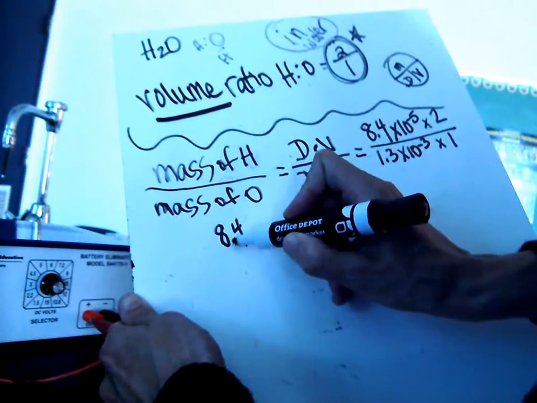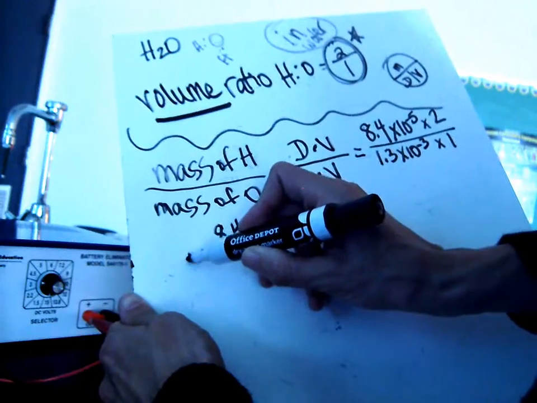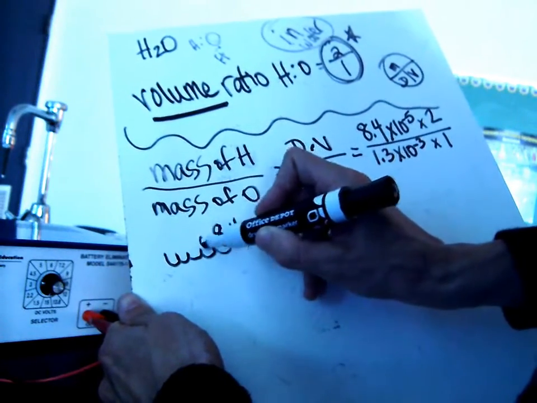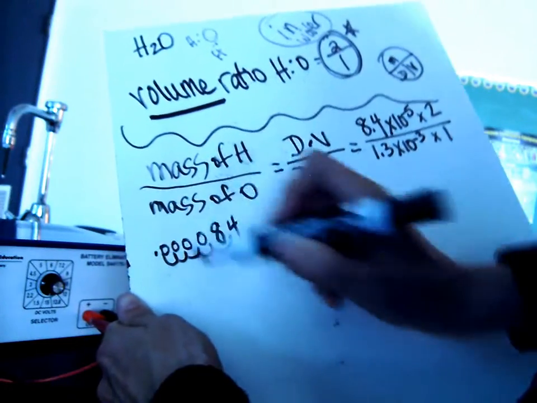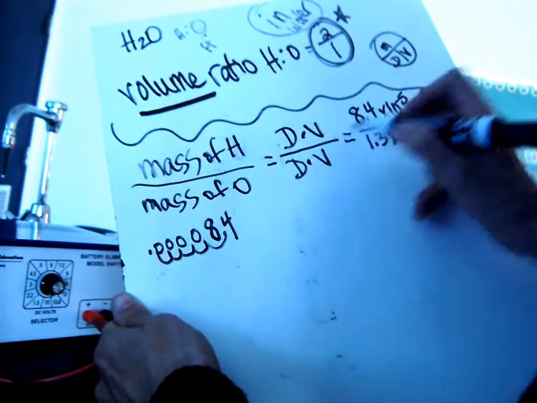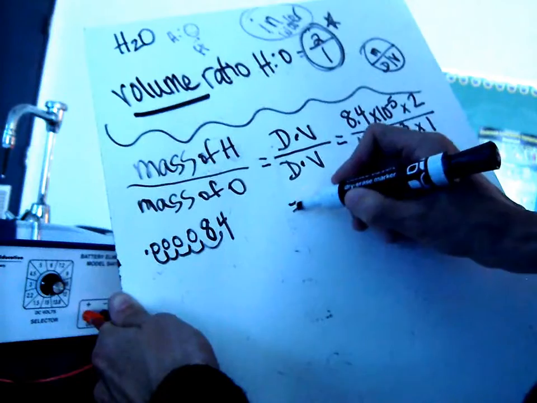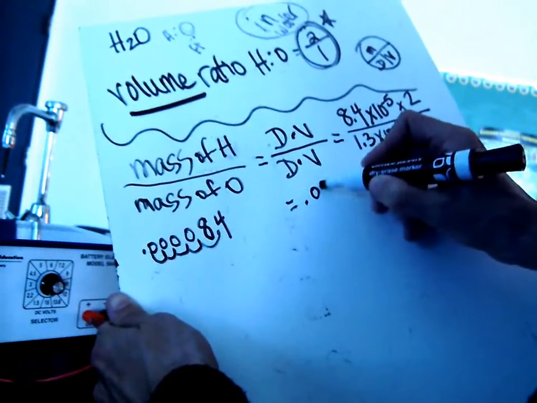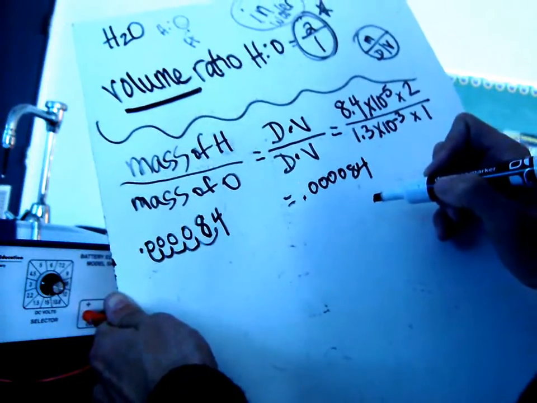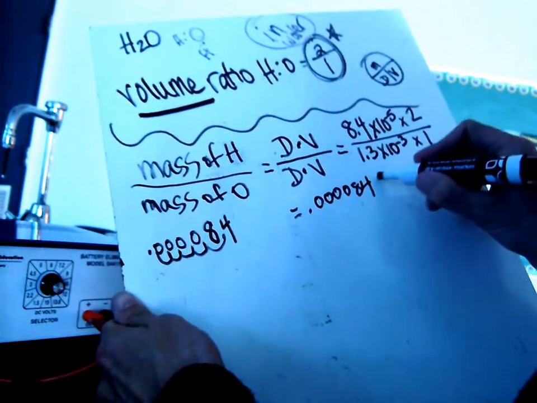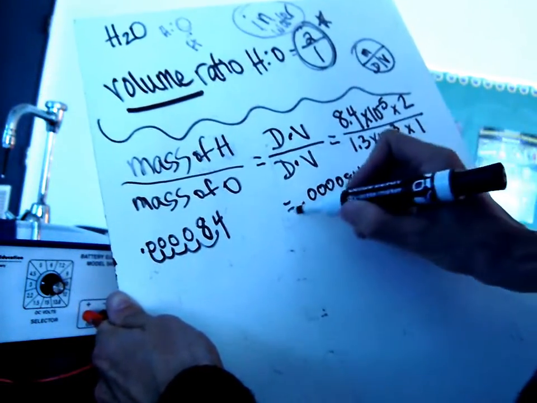So we do this. Ready? 1, 2, 3, 4, 5. And all those little places right there are where zeros go. And the decimal goes here. So this number here is equal to 0.0000084. Okay? And that I'm going to now multiply times 2.